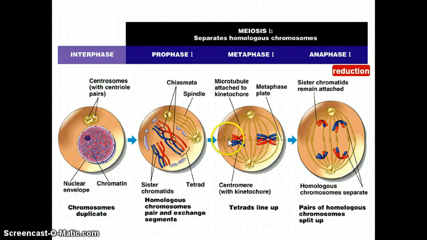And that's important how they're lined up, because as we move into anaphase 1, you're going to see that the kinetochores are going to be guiding and pulling and separating these tetrads and separating out our homologous pairs, so that each of our daughter cells is going to end up with one of the homologous chromosomes. And again, this is how we end up with a haploid cell at the end of anaphase.